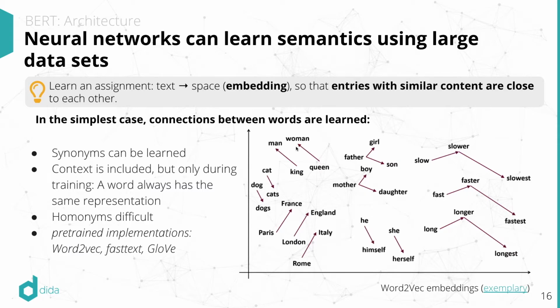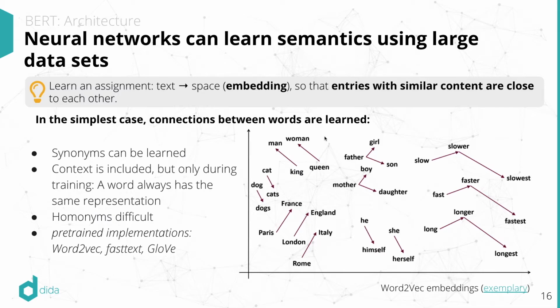Such a word-wise embedding can help with treating synonyms correctly, but homonyms, so one word with two meanings, are difficult. Because a word in this setting always has the same embedding, so the same location in this 2D space, independent of its context.